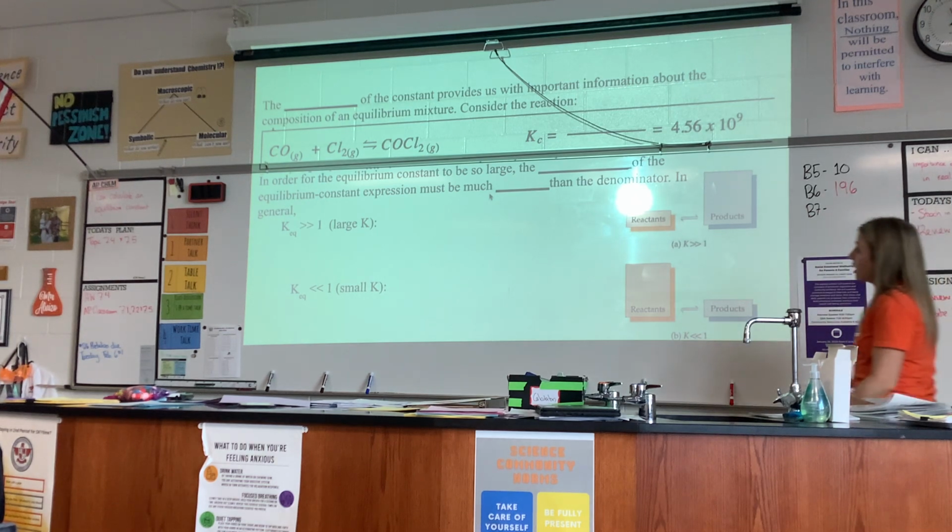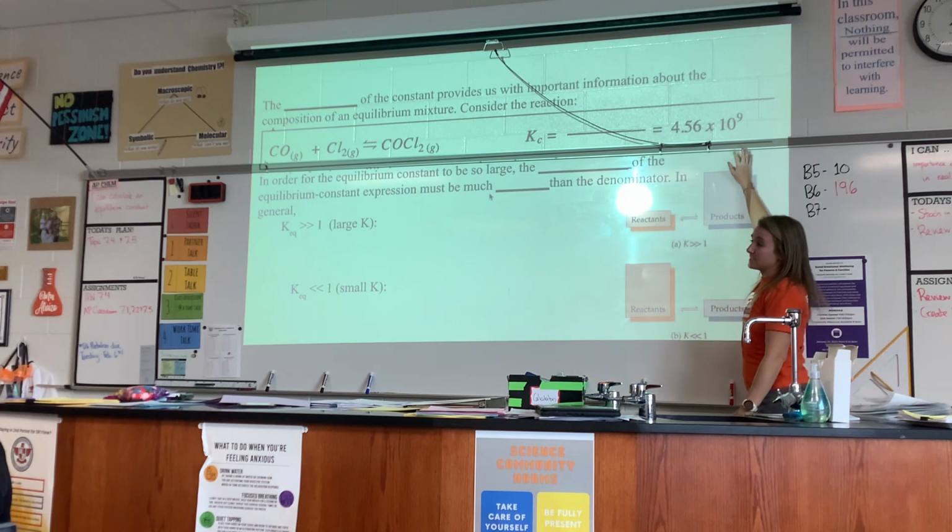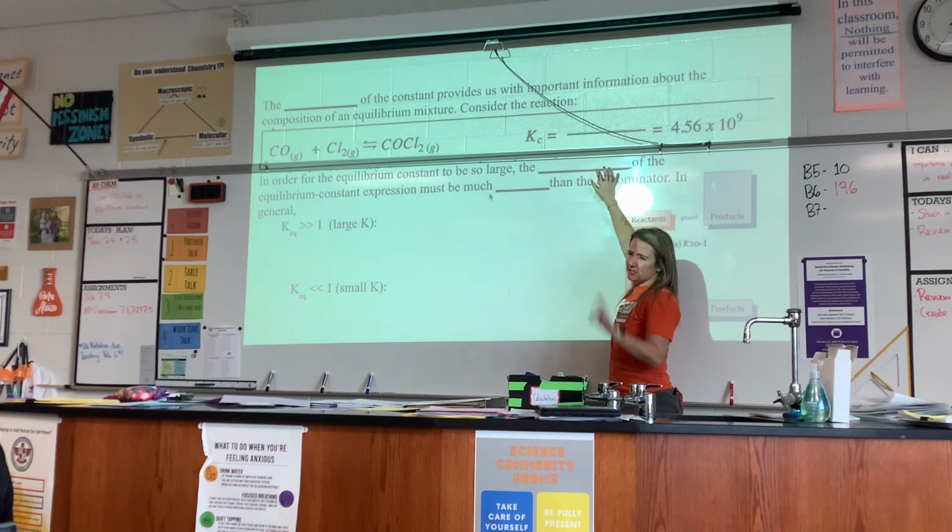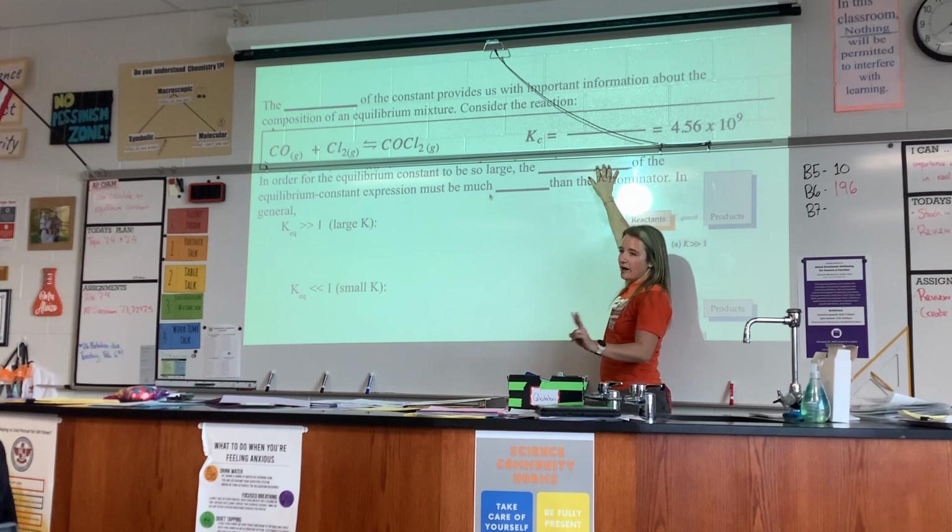In order for this equilibrium constant to be so large, this is a really, really big number, that must mean that you can write it two ways. If you want the fancy math term, write numerator. If you want the non-fancy math term, write top of the fraction. That's what a numerator is.